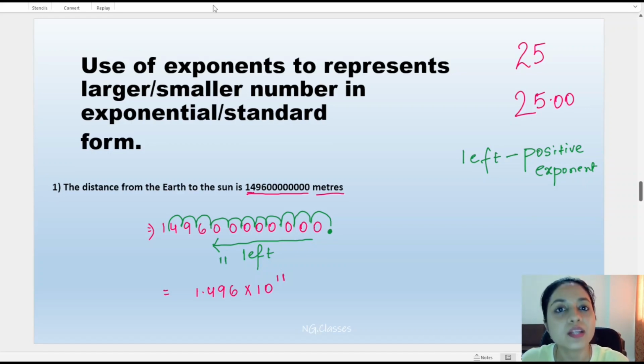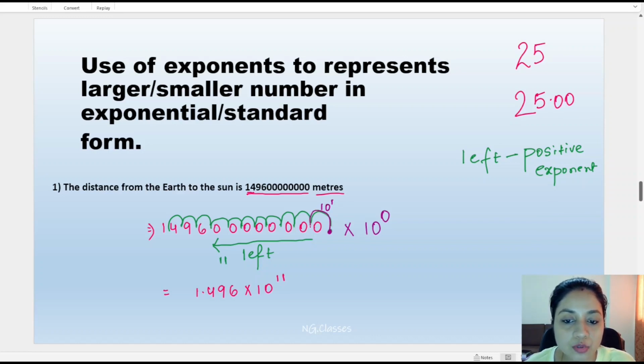You can also understand it like this: suppose we have the given number and with that we have 10 to the power 0. As we know, 10 to the power 0 will not have any impact on this number. Anything having power 0 is just 1. So here we have 10 to the power 0. Now when we move the place of the decimal, it became 10 to the power 1 over here, when the decimal shifted from here to here.